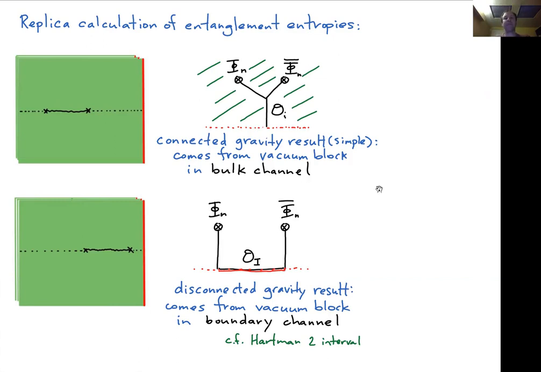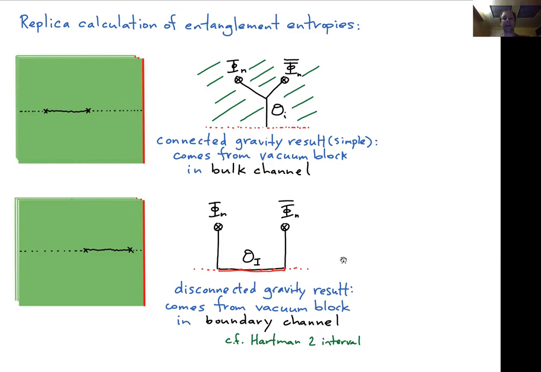So if you make the assumption on the CFT side that the full answer, in that case a 4-point function, is given by the vacuum block in some channel, then you reproduce the gravity result.